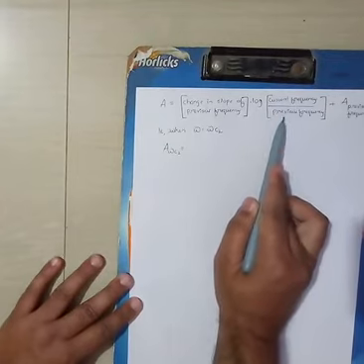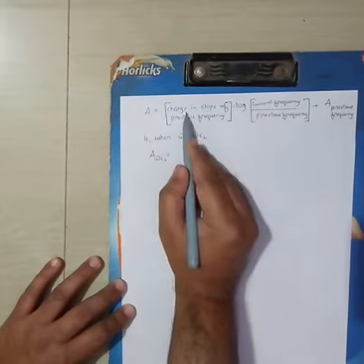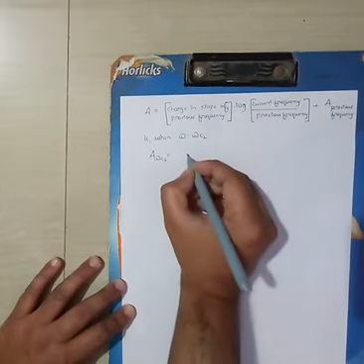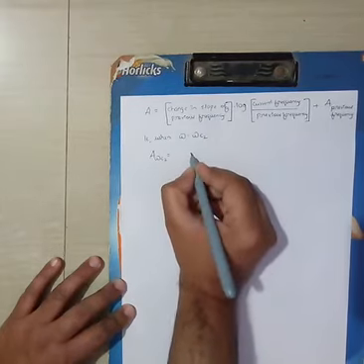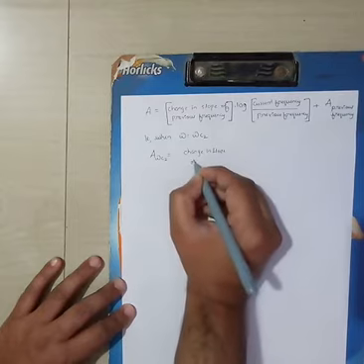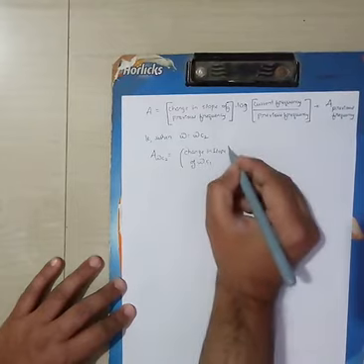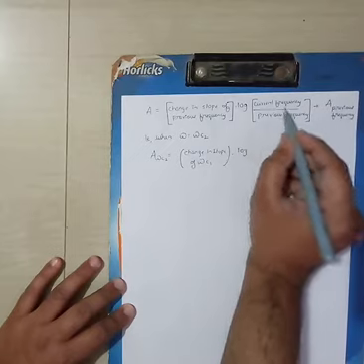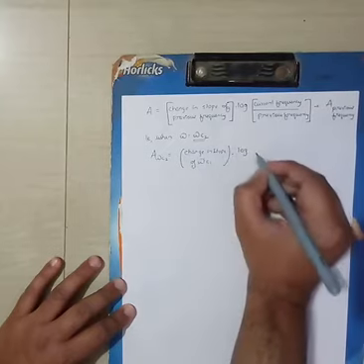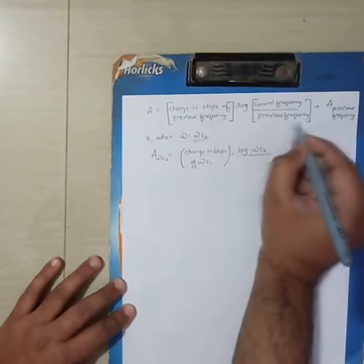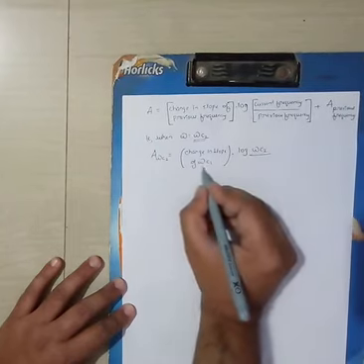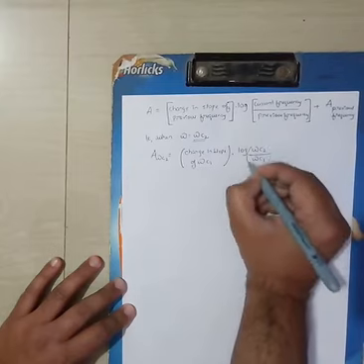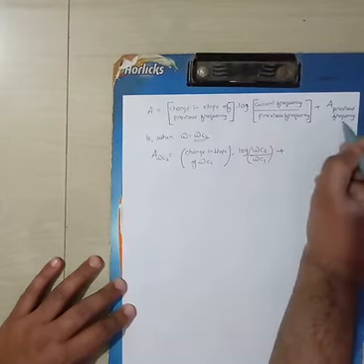For example, when omega is equal to omega C2, amplitude of omega C2 will be equal to change in slope of previous frequency. The previous frequency is omega C1, so the change in slope of omega C1, multiplied by log of the current frequency, omega C2, divided by the previous frequency, omega C1, plus the amplitude of previous frequency.